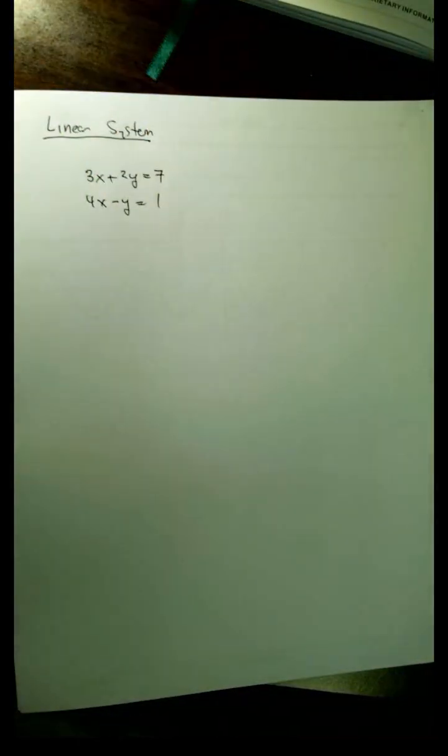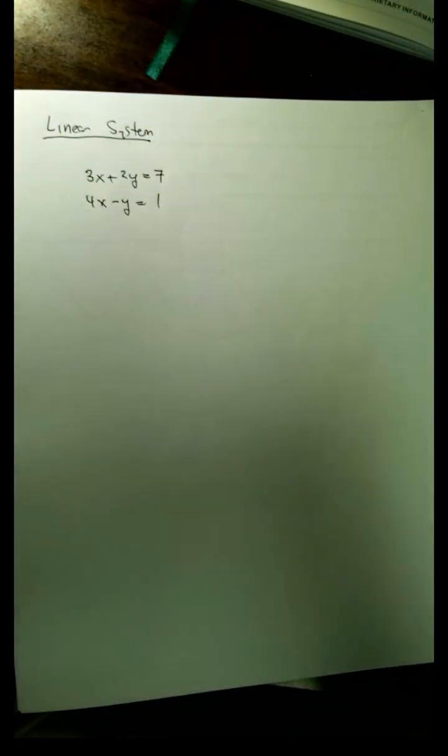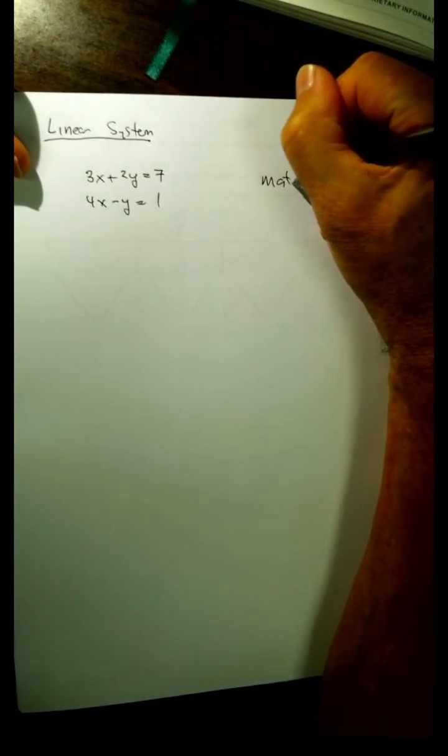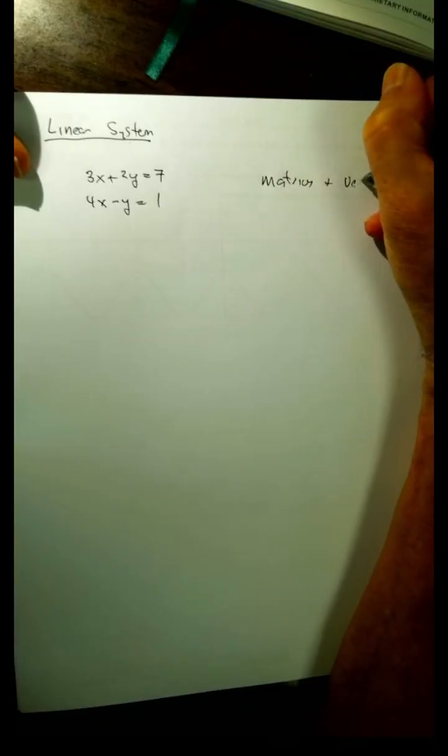Our goal later on is to be able to work with systems of equations. So for example, suppose I have 3x plus 2y is 7, and I have 4x minus y is 1. Then we are going to express this in a different form in terms of matrices and vectors.